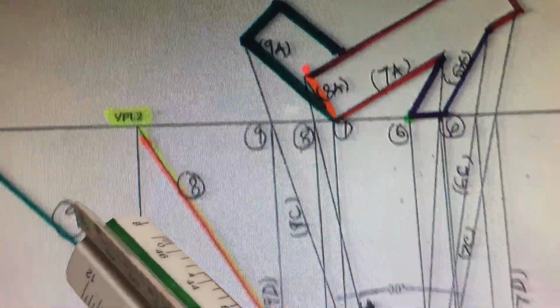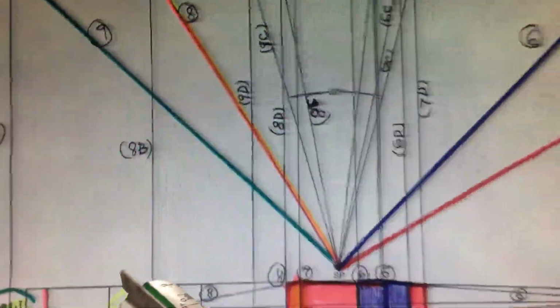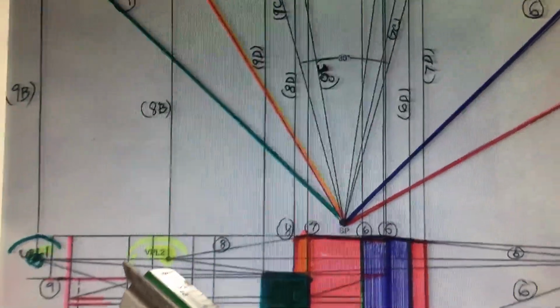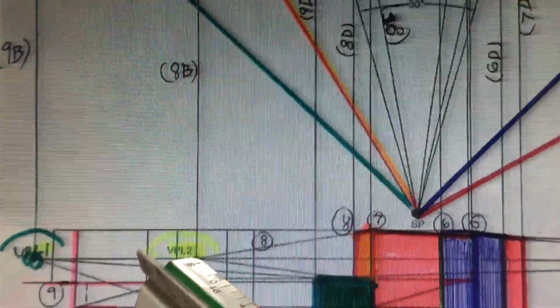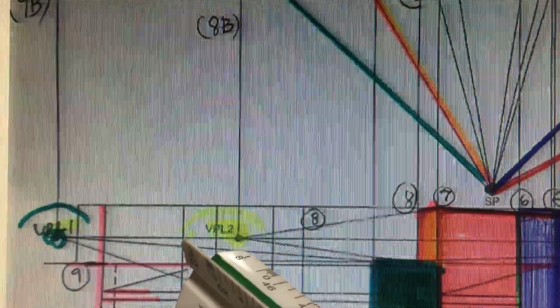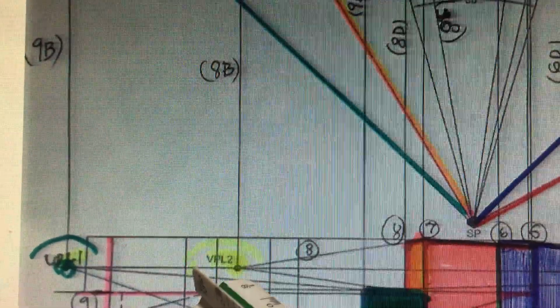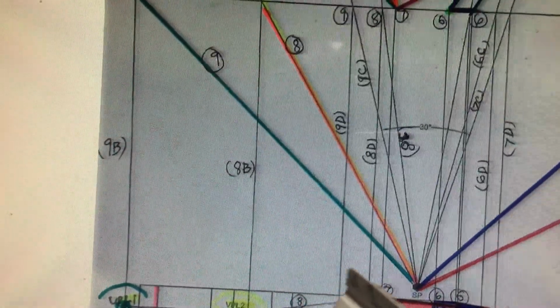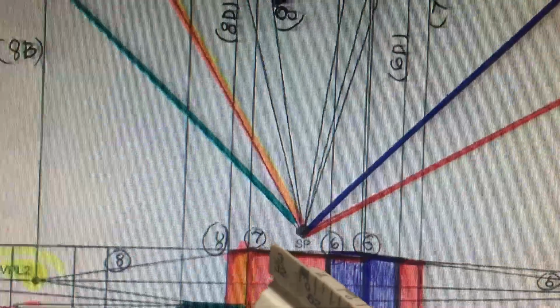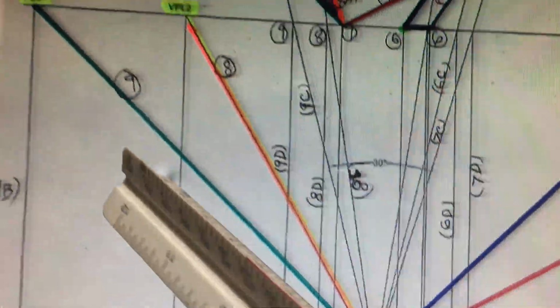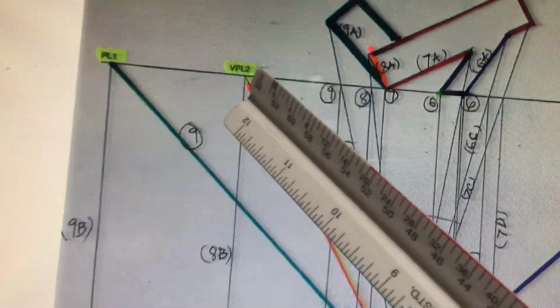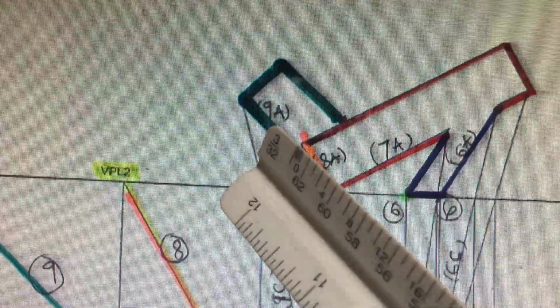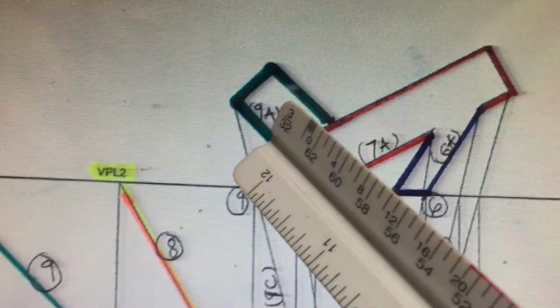And from that one, you drop down. When it cuts the horizontal line, you call that vanishing point left 2 because it's on the left. Do the same thing with number 9. From the standing point, you create a line parallel with the green line right here. I call that 9A.